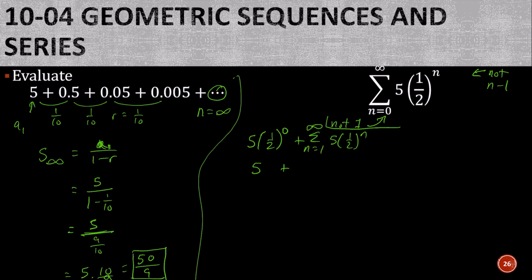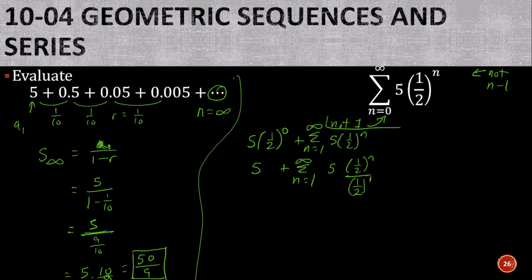Well, what do we do to subtract exponents? To subtract exponents, we end up dividing with the same base. All right, so I'm going to take my 1/2 to the n, and I'm going to divide it by 1/2. That way, I'll have n minus 1 after I do the division.